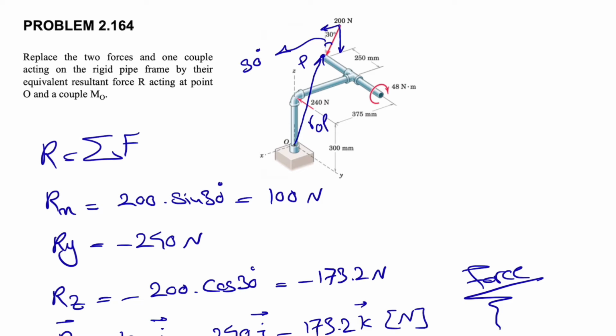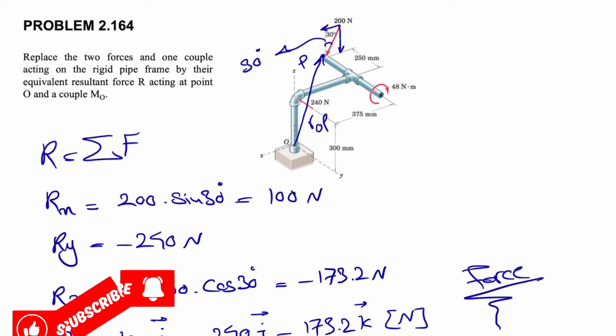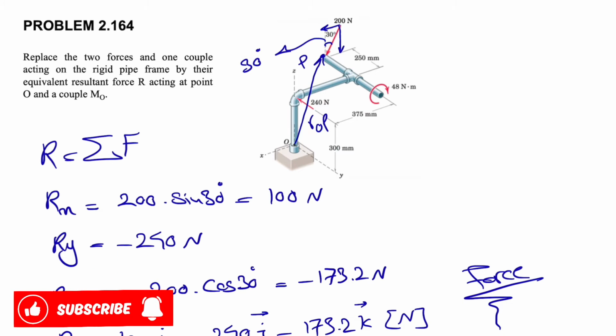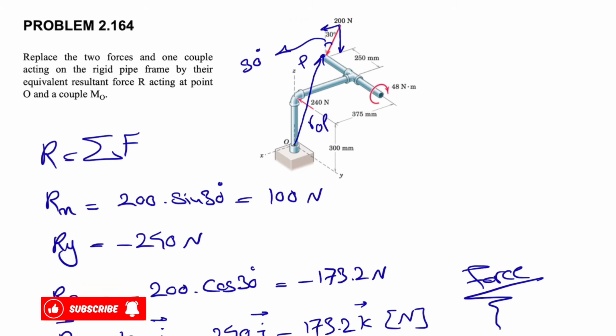That's one way to do it, but since the 200 Newton force is on the XZ plane, there is another shortcut that we can use for this question. We already talked about the 2D shortcut that we have for finding the moment in 2D questions. There is another shortcut in 3D questions as well, as long as the force is in one single plane like here.